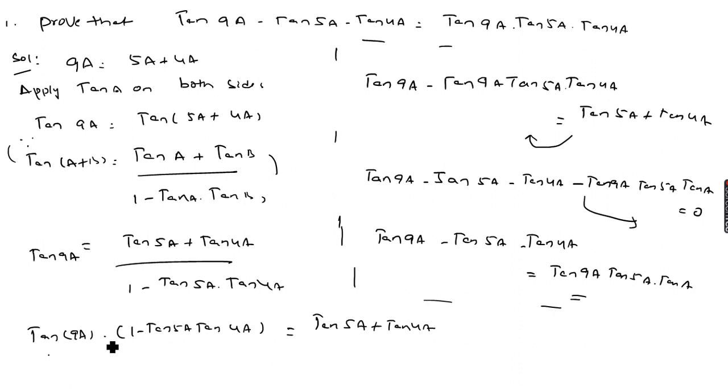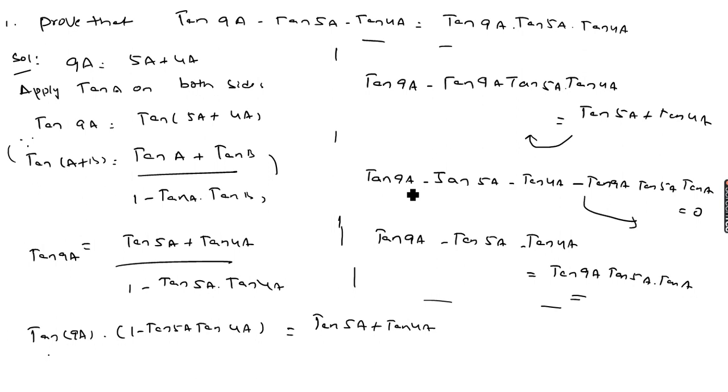So therefore tan 9a into 1 minus tan 5a into tan 4a equals tan of 5a plus tan of 4a, and we multiply this value: tan 9a into 1 is nothing but tan 9a, minus tan 9a into tan 5a into tan 4a, is equal to tan of 5a plus tan of 4a. We need tan 9a minus tan 5a minus tan 4a. So this will be converted into this side, and the plus is converted into this side, we get a minus.